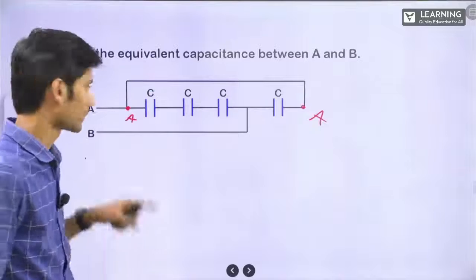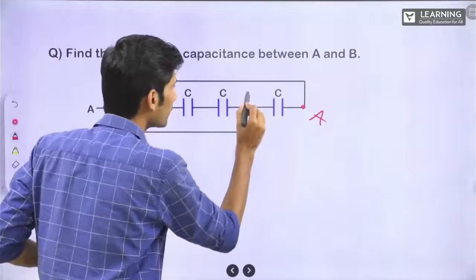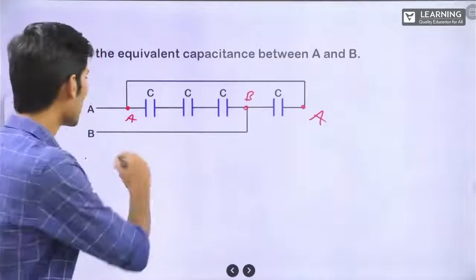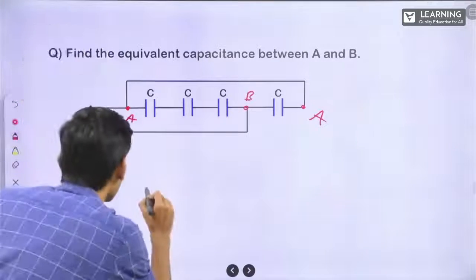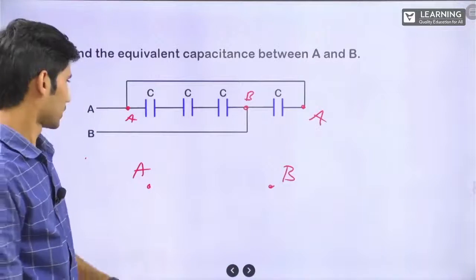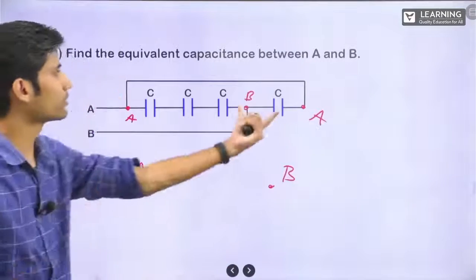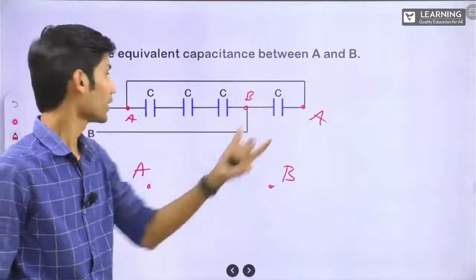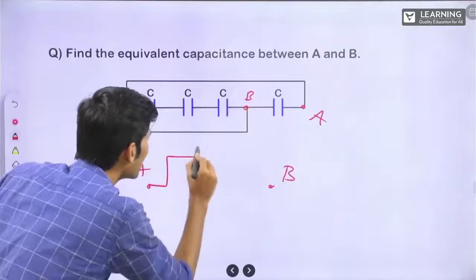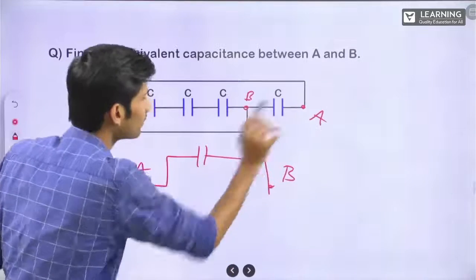This is B, that means this is also B. This point is also at B. That's all what we know. So now there are total 2 points, A and B. Capacitors between A and B. So you see this capacitor is between A and B, and these 3 capacitors are between A and B. That means between A and B, one capacitor, this will come.